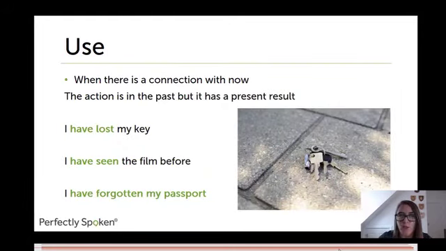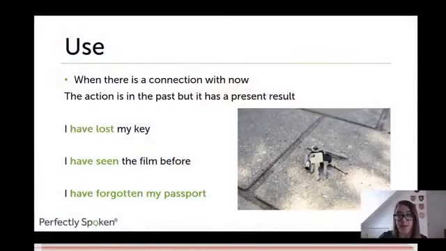So crucially, when there is a connection with now, think about the name of the tense. It's called present perfect. It's called present perfect because even if the action happened in the past, there still has an effect or a result now, hence the word present. So I've given you some examples here. I have lost my key.